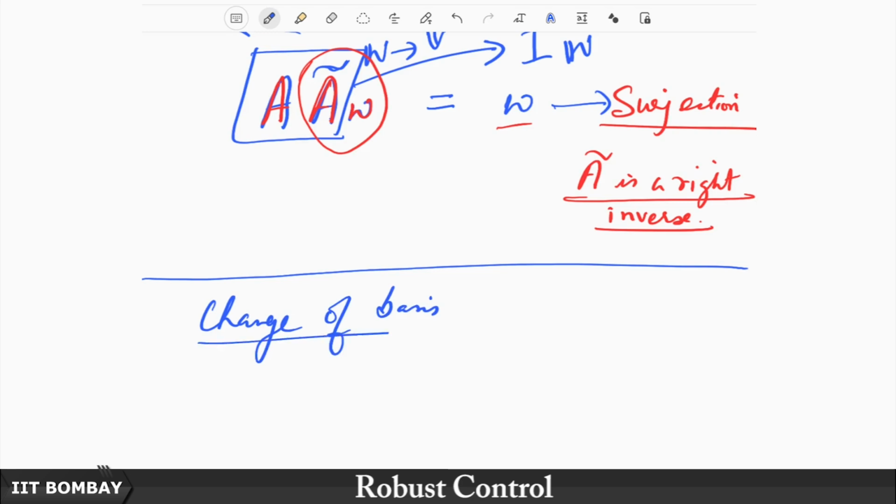And even though it might at first glance seem like something unfamiliar to you or a bit daunting the way I have put it, I assure you that any one of you who has done a preliminary course on control theory and is familiar with state space methods and state space representations, etc., I assure you that you have already done this change of basis, though you might not have known it by the same name.